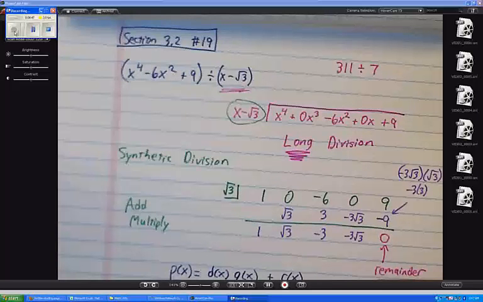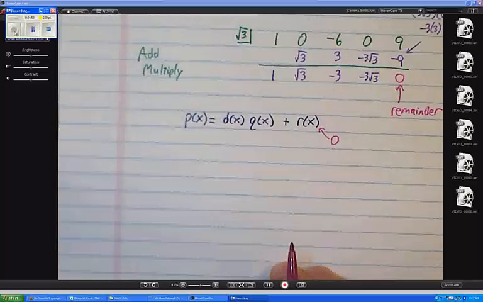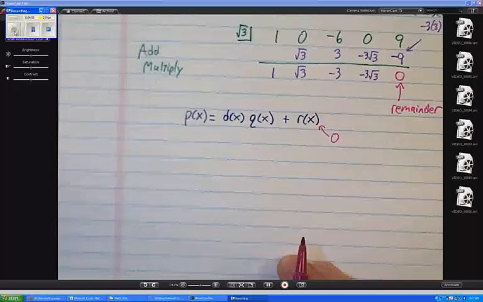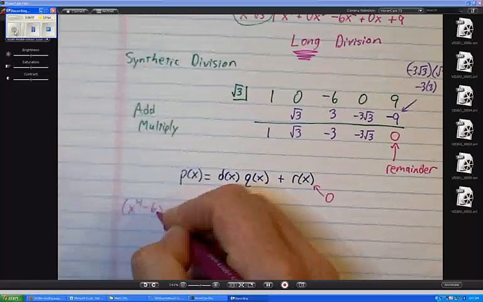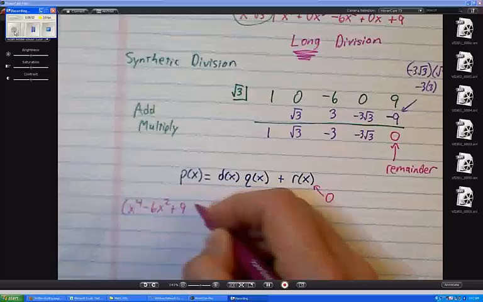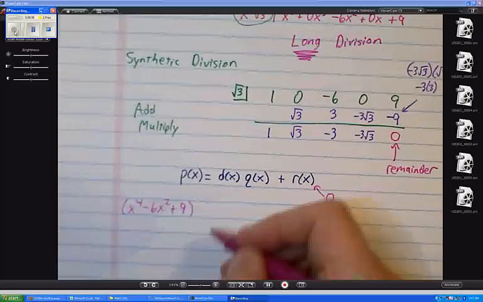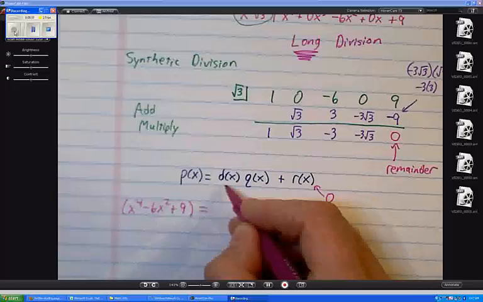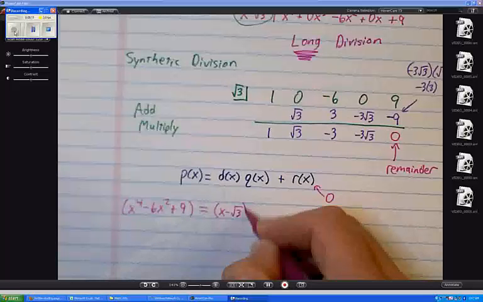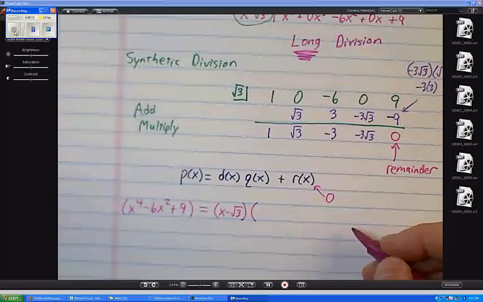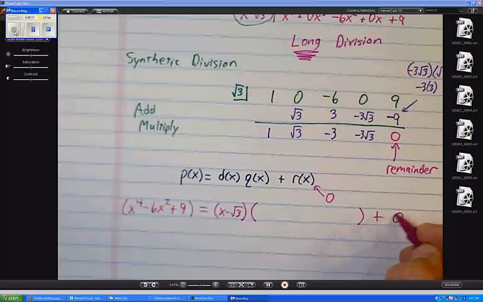So what I just learned from my little work here, let me put it up here where you guys can see it, is that x to the 4th minus 6x squared plus 9, that was my polynomial, is equal to, what's my divisor? X minus the square root of 3 times, do you guys know what to put here? And then I'm going to put plus 0 for the remainder.